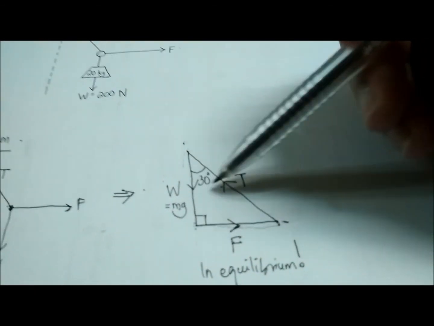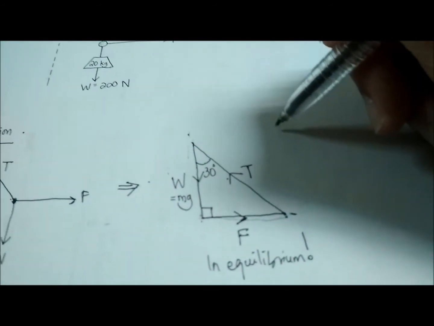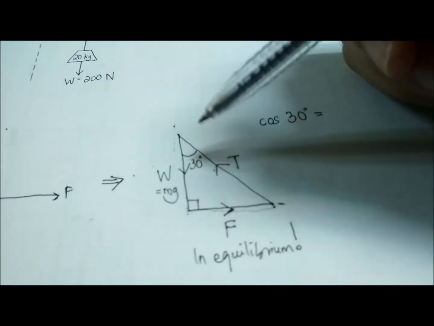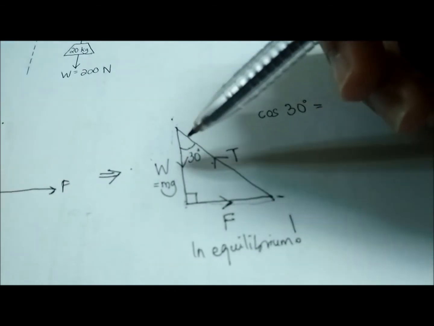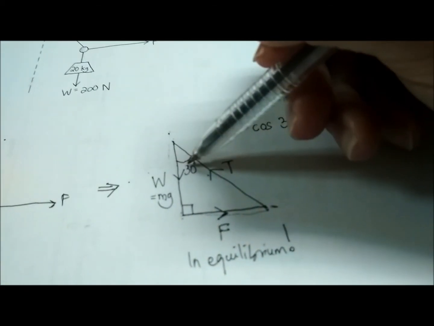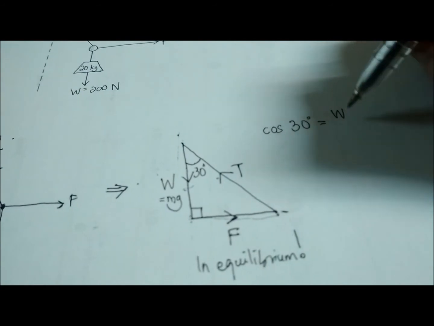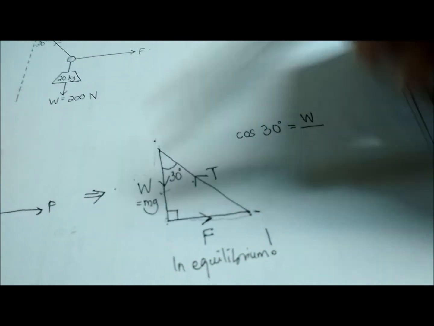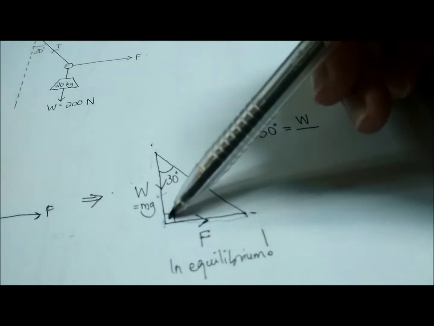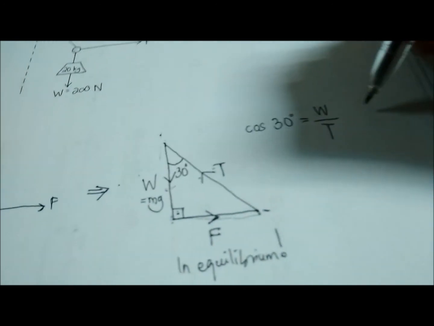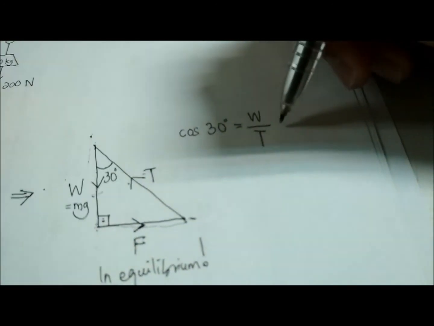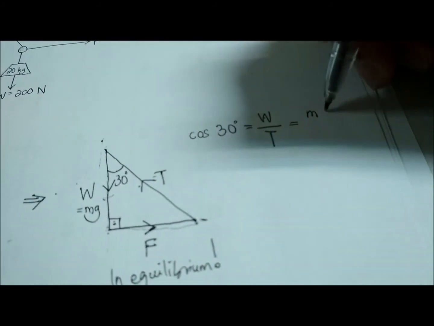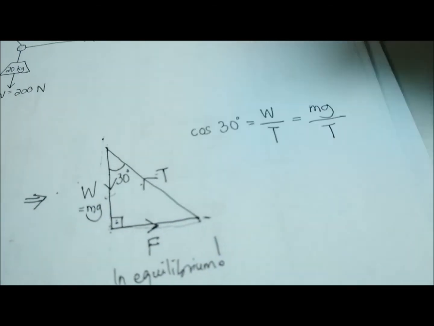In this case, we need to use cos. So cos 30 degrees is equal to adjacent over hypotenuse. In this case, the adjacent is W, the weight, over hypotenuse. The hypotenuse is the side opposite the right angle, so it's T. So W is equal to mg over T.